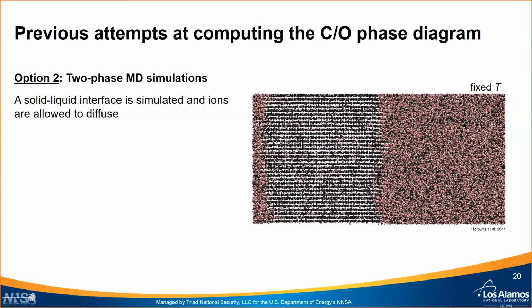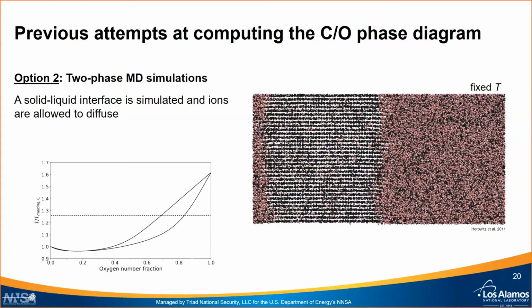And at some point, an equilibrium is reached in this diffusion. And this will directly give you 2 points on your phase diagram. The simulation is performed at a fixed temperature. So for this fixed temperature, you just measure the concentration of oxygen in your solid, and it gives you this point. And you measure the concentration of oxygen in your liquid, and it gives you this other point.